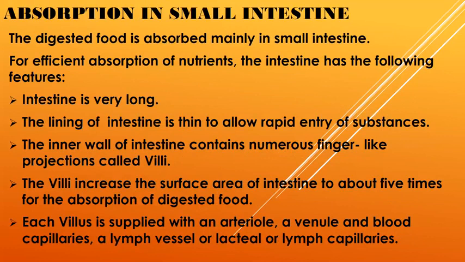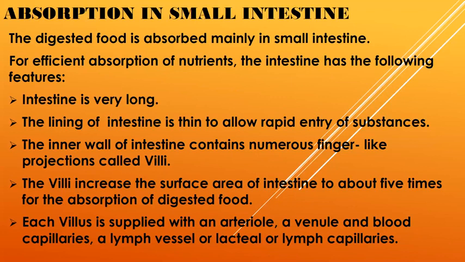Let's see how absorption occurs in the small intestine. The digested food is absorbed mainly in the small intestine. For efficient absorption of nutrients, the intestine has the following features. The intestine is very long.